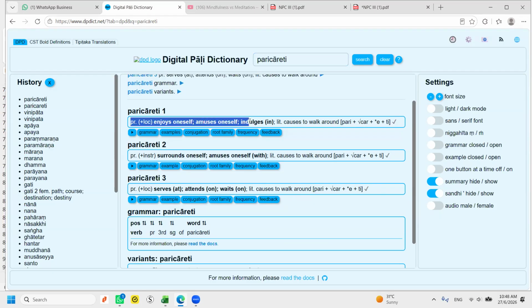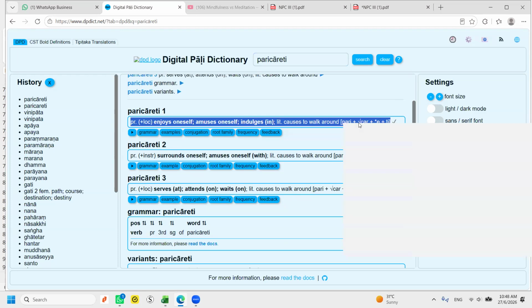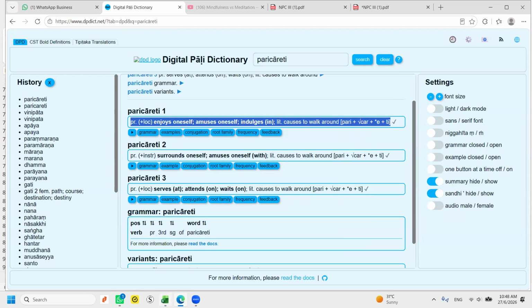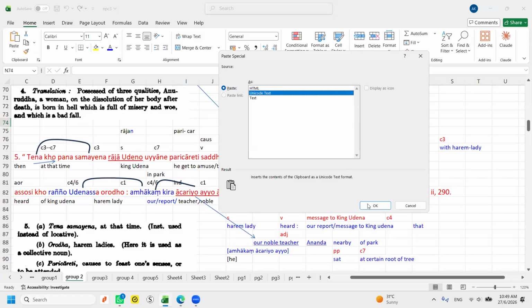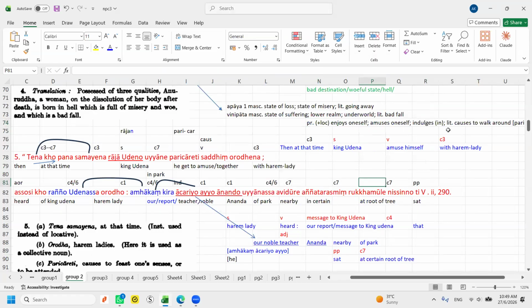The e is the 7th conjugation. Here I put amuse oneself, because it is a king, so as a king I refer to him like that. So he amuses himself.